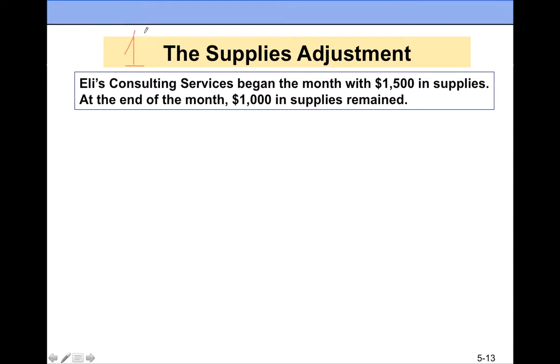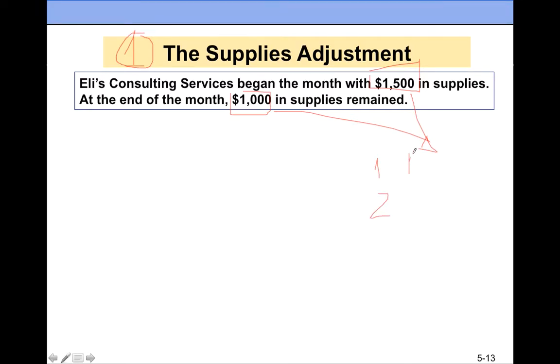I already mentioned it. So again, if you look back, you will see that in the trial balance, we had $1,500 worth of supplies. At the end of the month, we did the inventory, or we estimated, that only $1,000 of supplies remains. So when you do the adjustment, the first step, think about math. Do not worry about which account to debit and which account to credit.